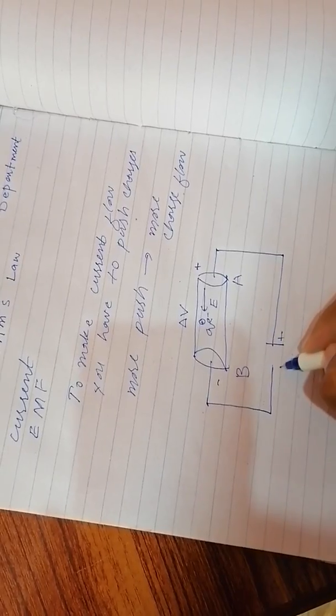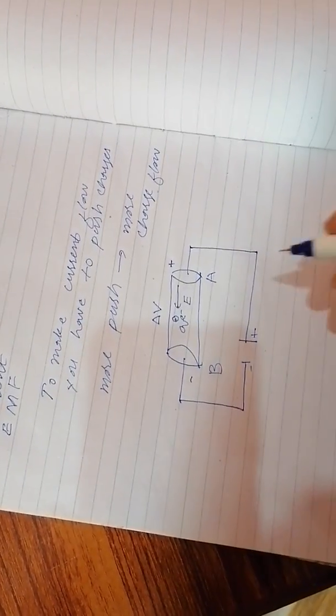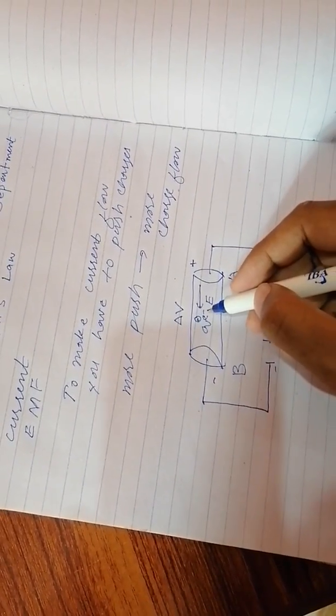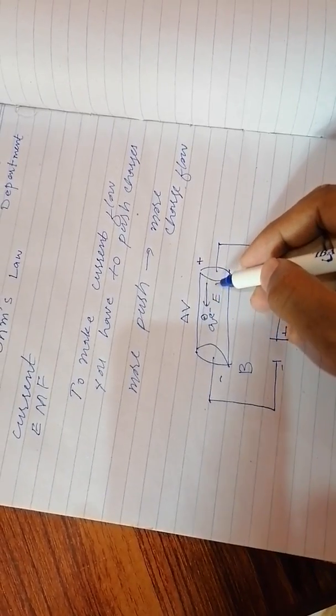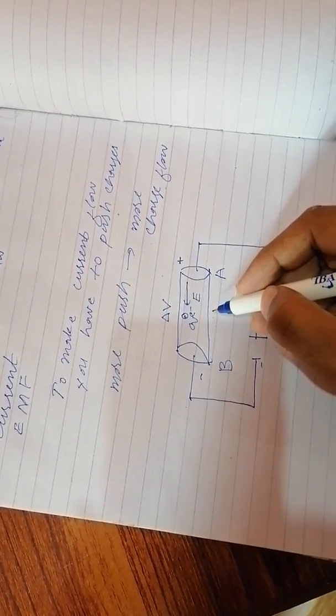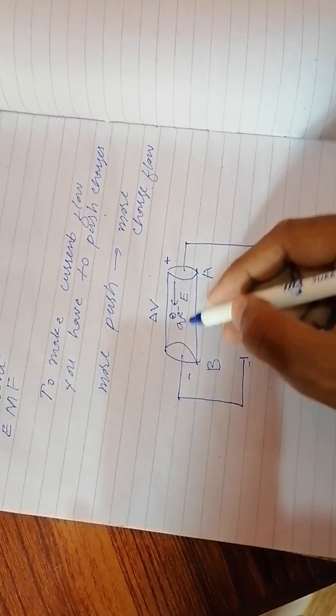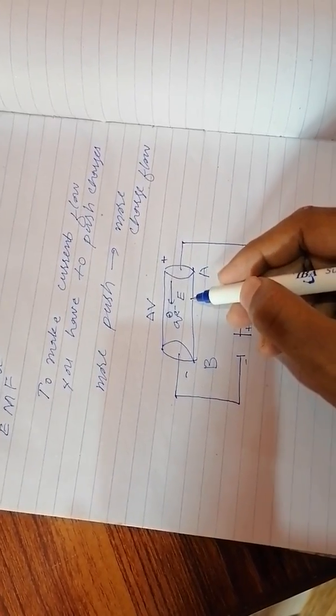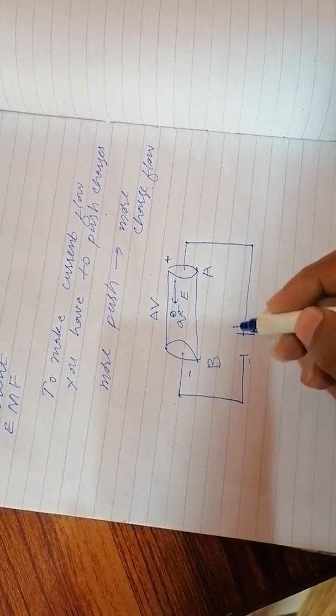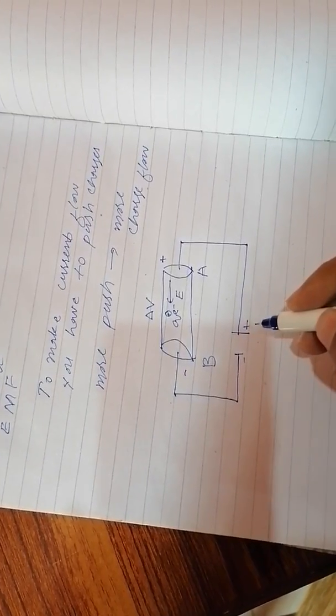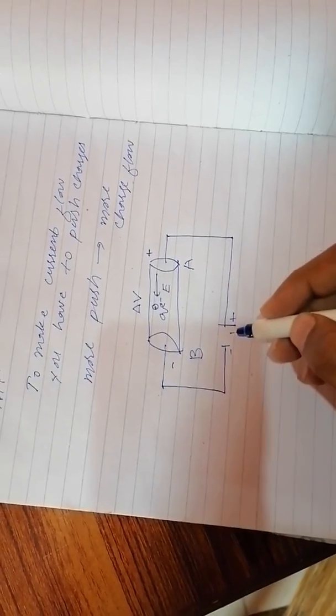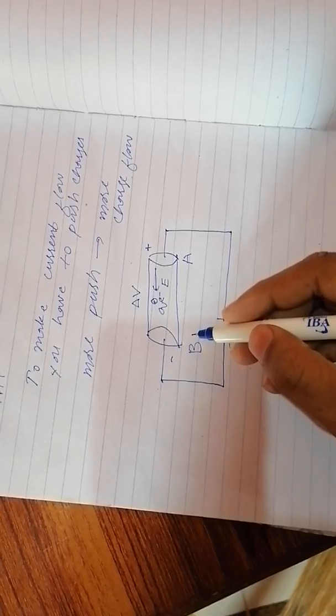This is positive end and this is negative end. So when you apply potential difference across the terminals, actually you create electric field between the ends of the conductor. So electric field is responsible for motion of charges.